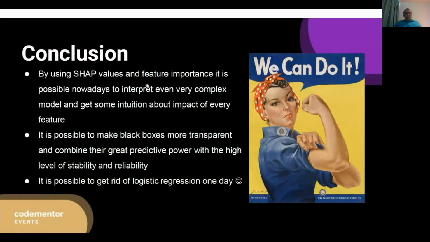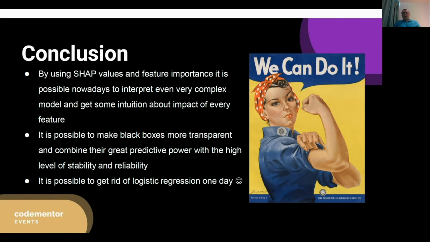So, conclusion. The conclusion is the same as from the very beginning. It's impossible to improve logistic regression, and we cannot make it more sophisticated because it's basic by its nature. But by using these Shap values and feature importance, we can interpret our very complex model, our black and gray box, and get some intuition about the impact of every feature.